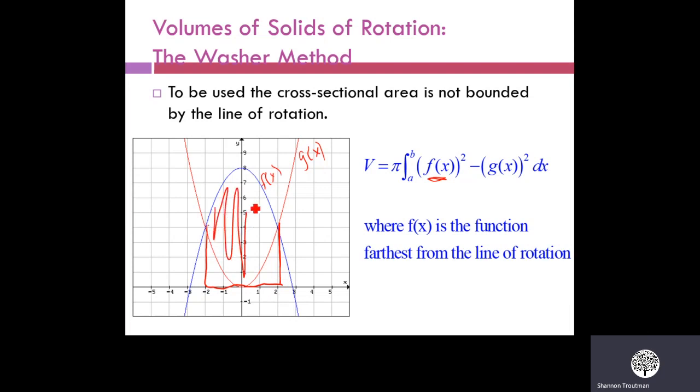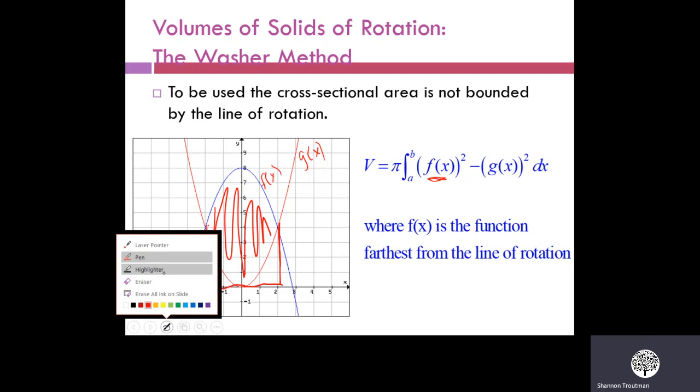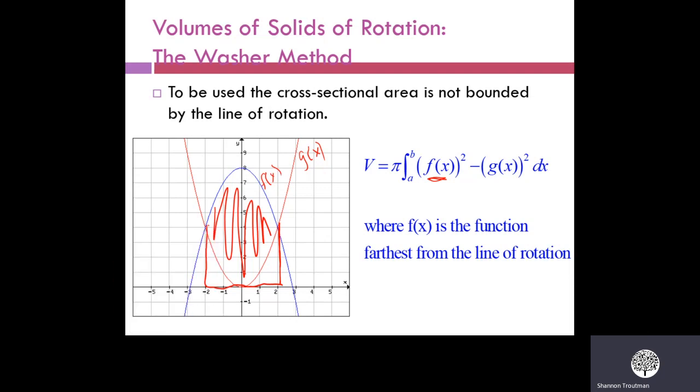This region between them is not bounded by the x-axis. So the x-axis, it does touch the x-axis, and that's okay, but it is not bounded by it. You can see that you have this little space right here between your x-axis and the bottom function, the function that forms the bottom part of your region.